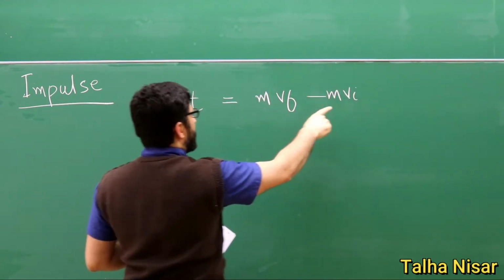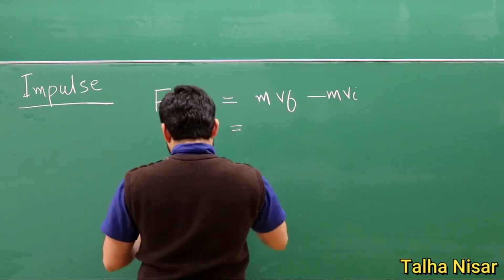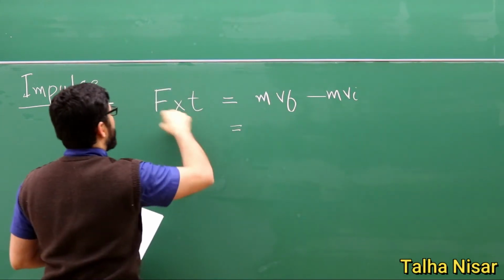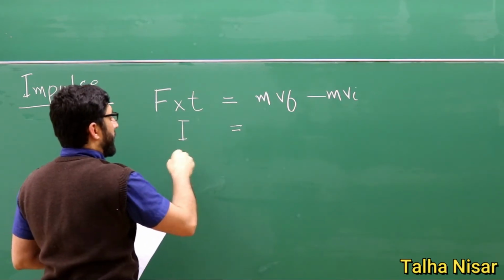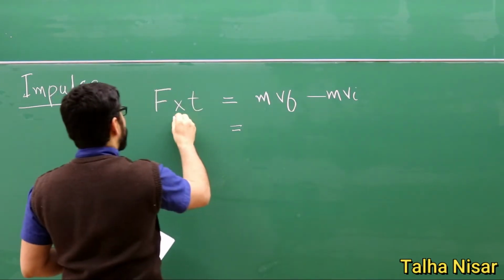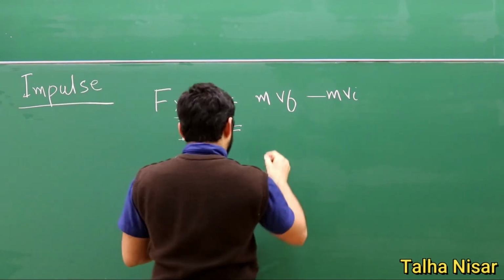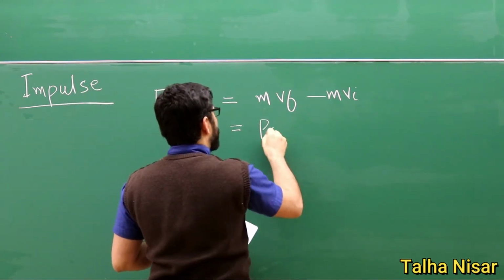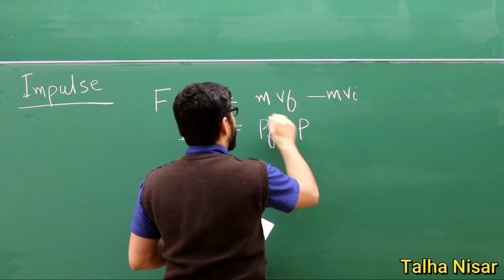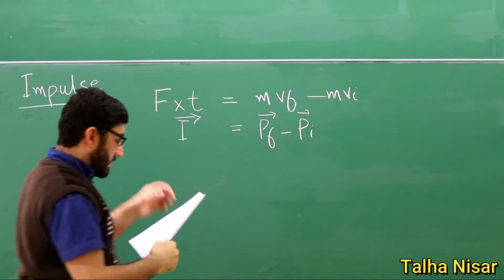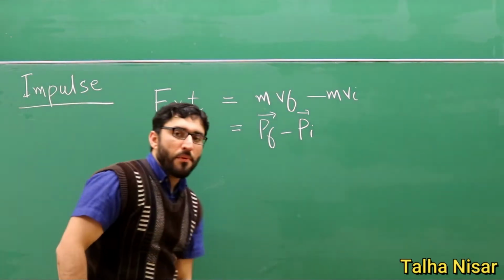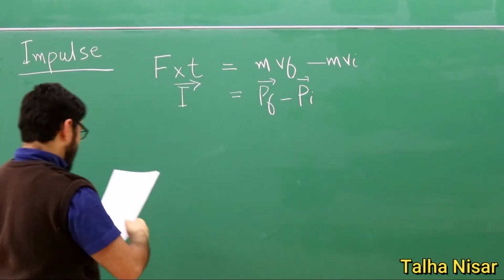This term is the impulse, which is represented by I, and this is a vector. So this is the impulse.